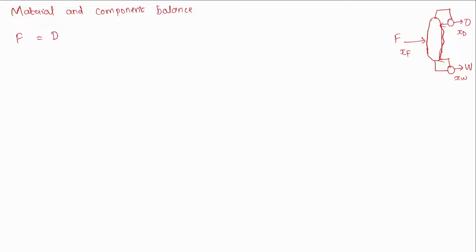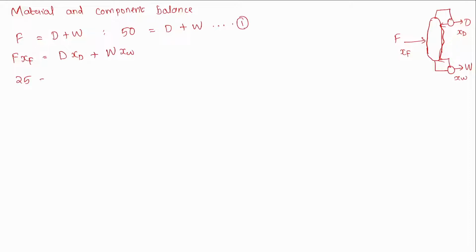The material balance will give us F is equal to D plus W. We have F as 50, which is given in the question, so 50 is equal to D plus W. Now writing the component balance for the more volatile component, we can write FXF is equal to DXD plus WXW.